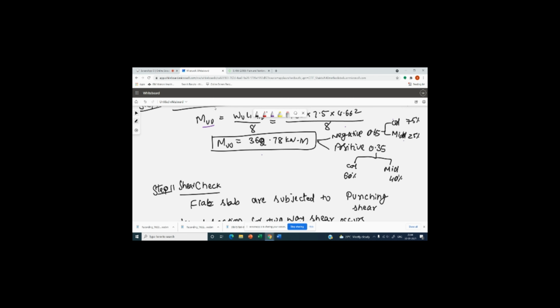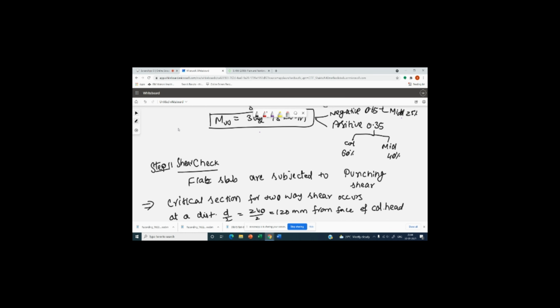So the same step 9 is again repeated. Step 9 was the calculation of the bending moment along the longer span, then distribution, then area of steel. So the same step 9 has to be repeated in step 10 across the shorter span.